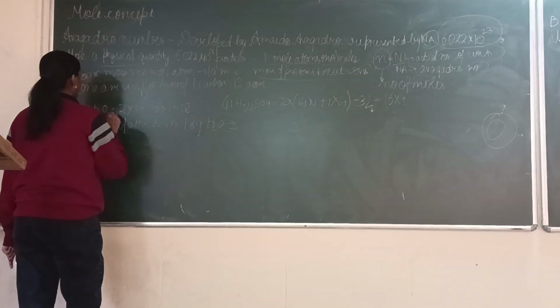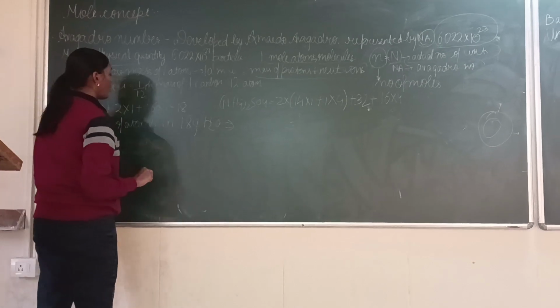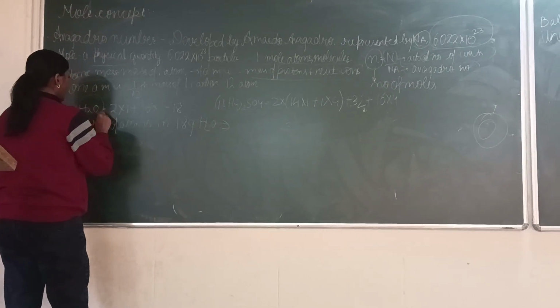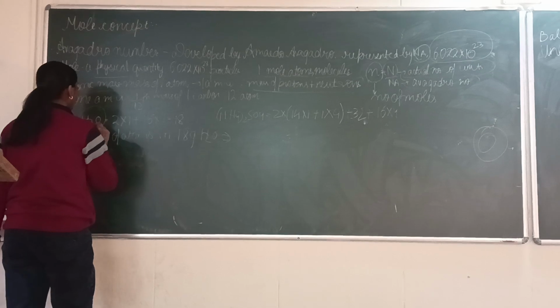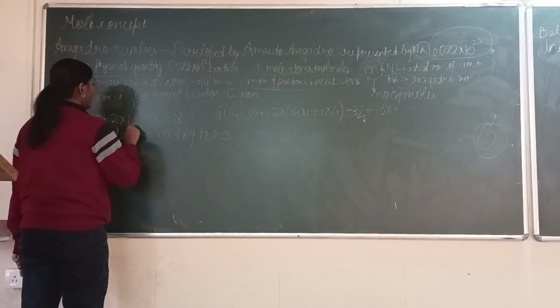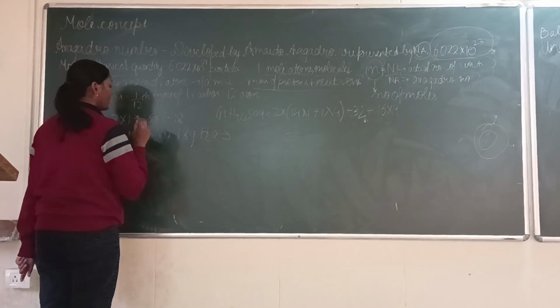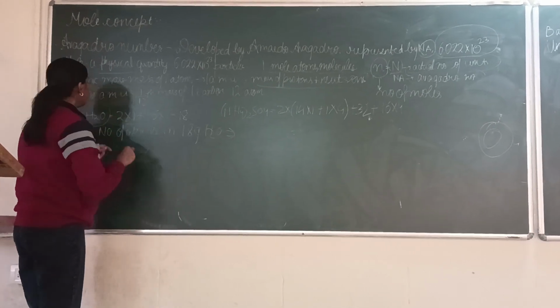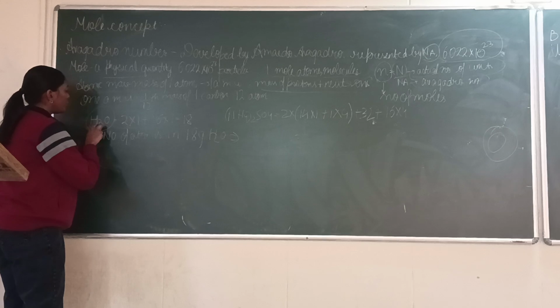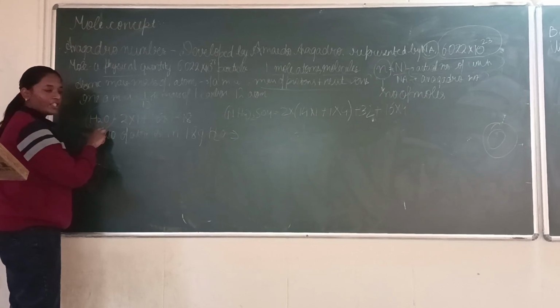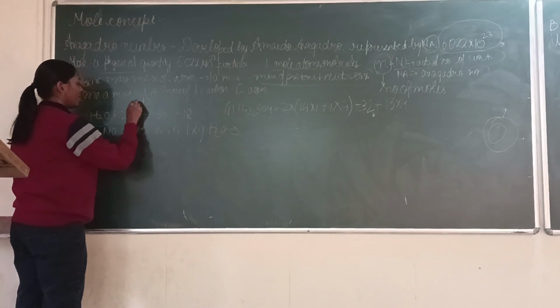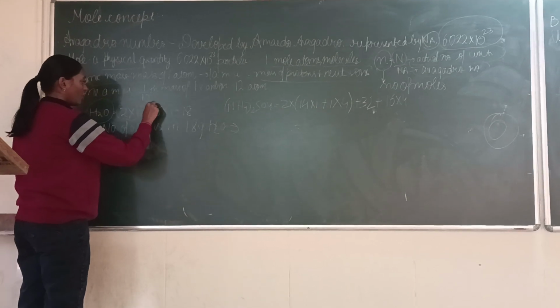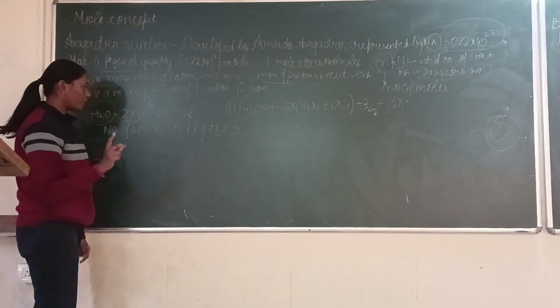Now, I will tell you how to calculate the molecular mass of molecules. For that, we have to multiply the number of atoms by the mass of each element. For example, in H2O, you have two atoms of H. This means that you have to multiply by the atomic mass of hydrogen.